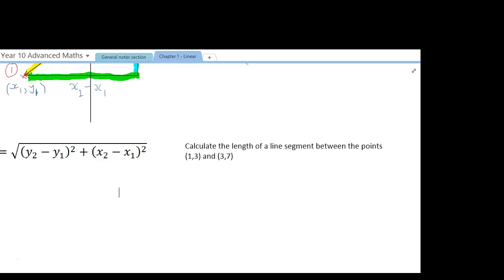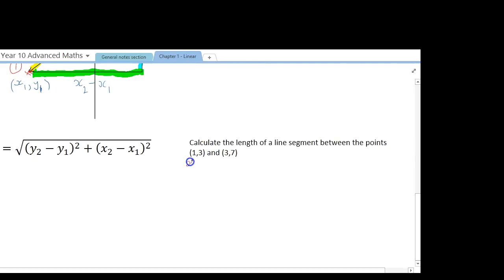Okay, an example of how to use this formula in practice. The question is, calculate the length of a line segment between the points (1, 3) and (3, 7). We've got no sketch here to guide us. All the numbers are positive, which is going to make it a little bit easier to work with. Negatives make it a little bit harder, but I'll go through an easy one to start with. So the first thing you do is nominate your point 1 and your point 2.